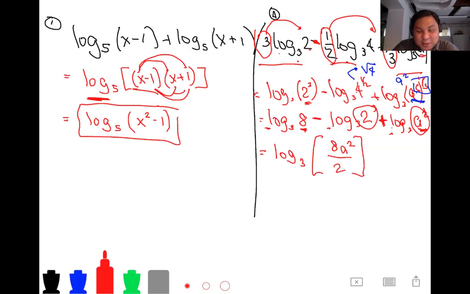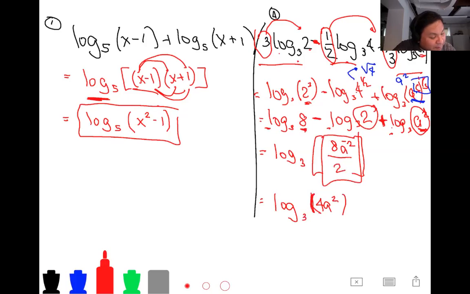All right, so here we go now. Of course, we can simplify this one further. So we have logarithm of 8a squared divided by 2. This is simply 4a squared. I'm going to put it in parentheses just so there is no confusion. Because sometimes if you don't put parentheses, you might think that only 4 is being taken the logarithm of.